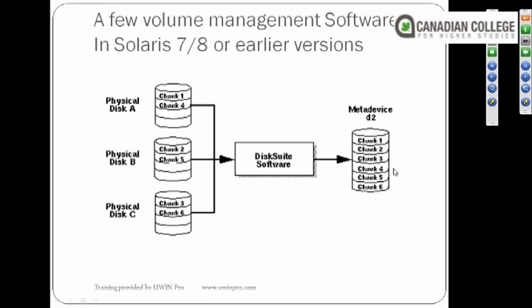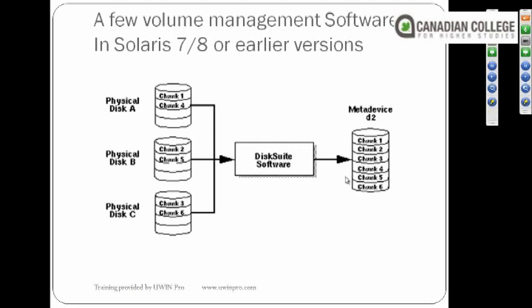And this is the logical one. A meta device is logical. So I'll take a slice from here, a slice from here, a slice from here, give it to Disksuite, and I make a meta device. Meta devices are named like D0, D1, D2, D3. Same as volume manager. Solaris Volume Manager uses D0, D1, D2. It follows the same thing, right?